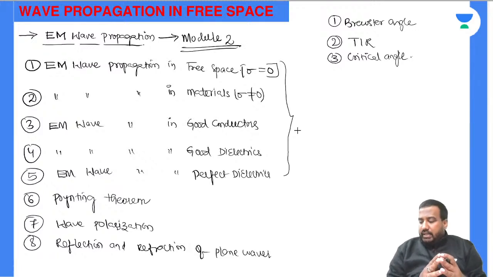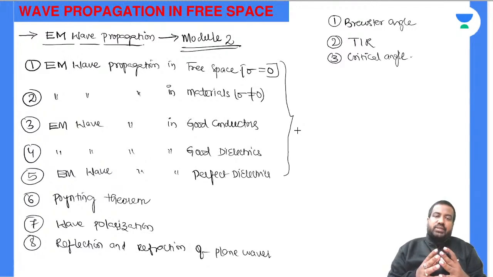Basically, this module is about understanding how a wave propagates through different mediums, what is the power associated and polarization associated with a given wave, and what happens when the wave is incident on a given medium, how much of the wave is reflected and how much is refracted.